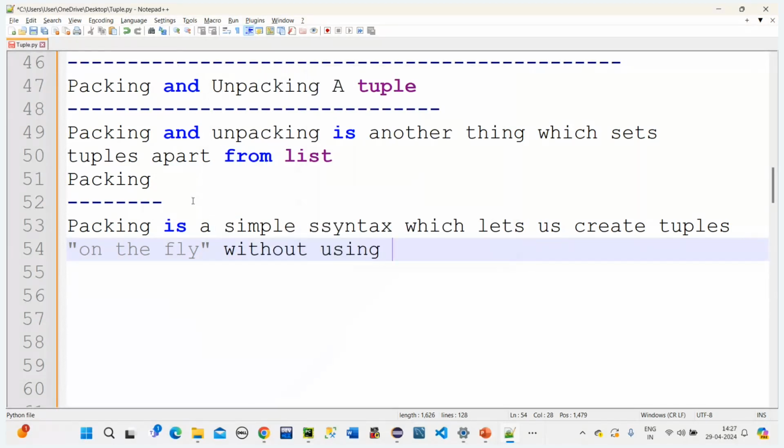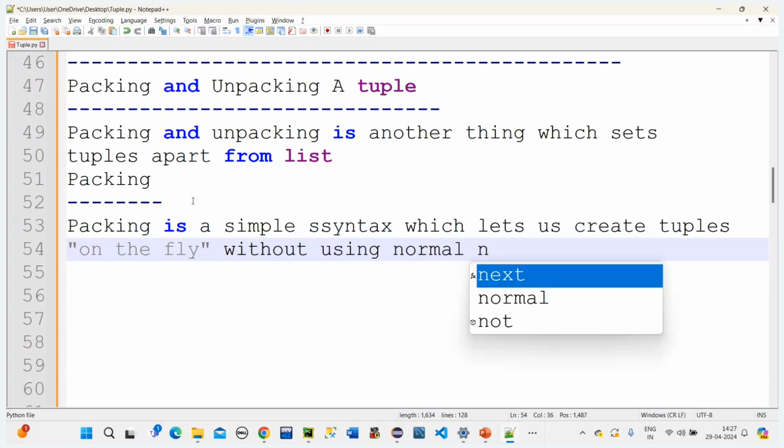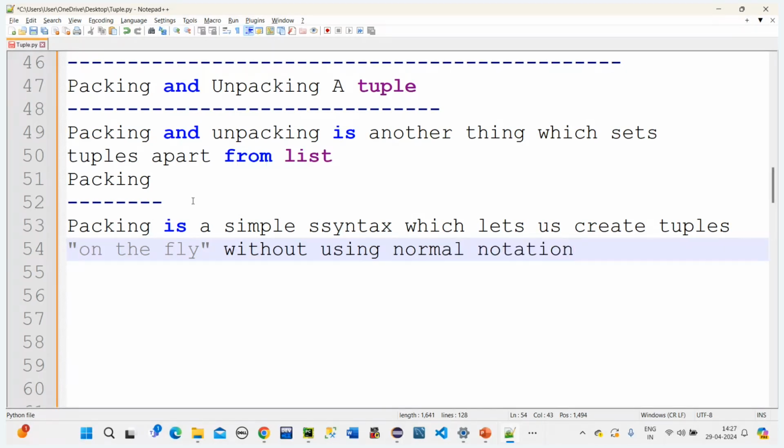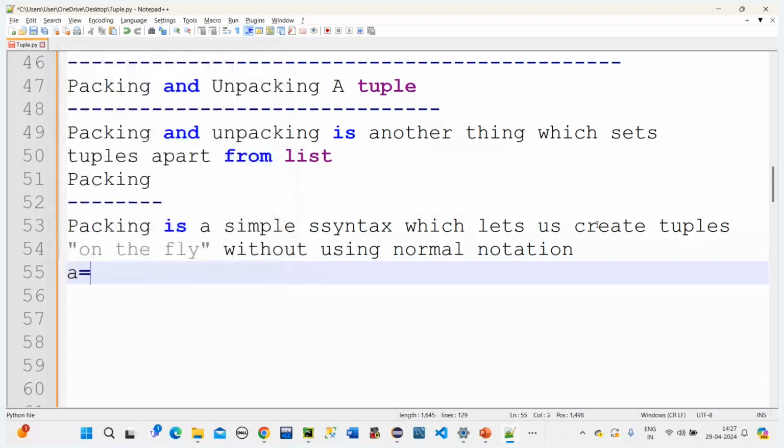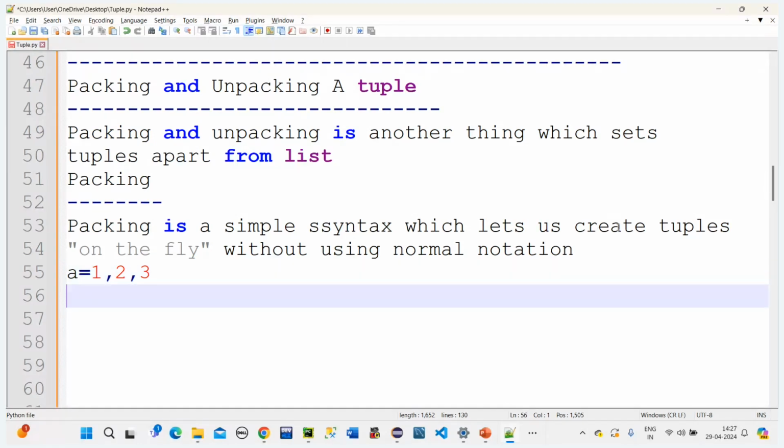Without using normal notation. Normal notation. Without using what? Normal notation, on the fly. Now, the example is what I have just shown you: A is equal to 1, 2, 3. Now this is not normal notation, right?